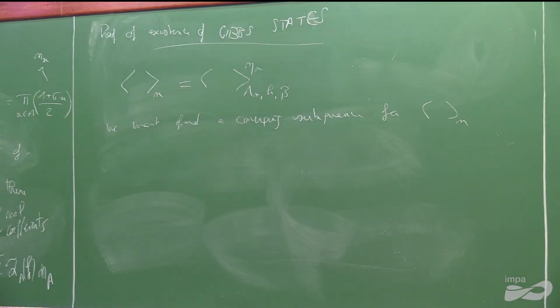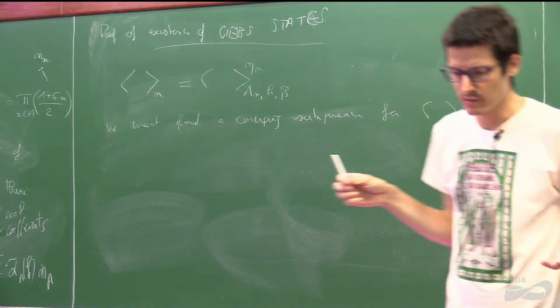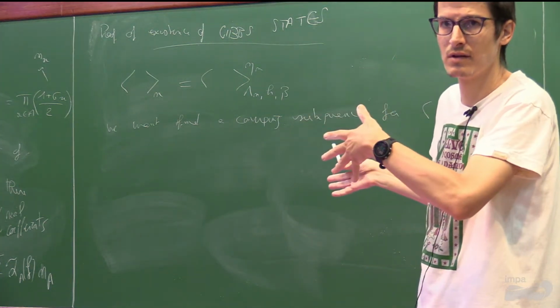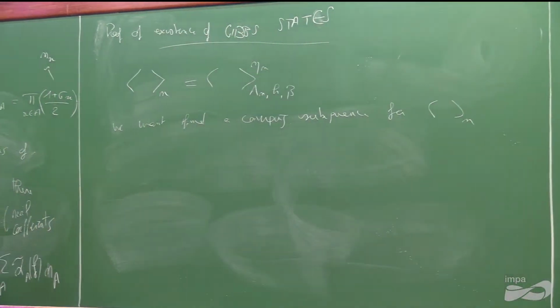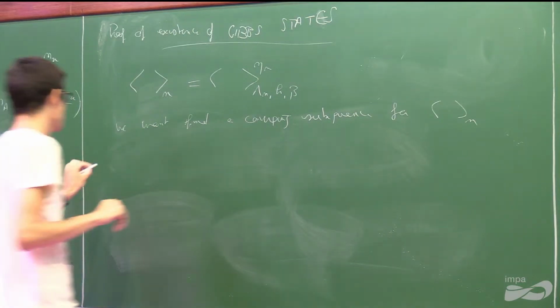This is a linear functional on the set of local functions whose support is included in Lambda_n. So by linearity, in order to prove the convergence for every f, you only need to prove this for a basis of the vector space, because by linearity, then you will get it.